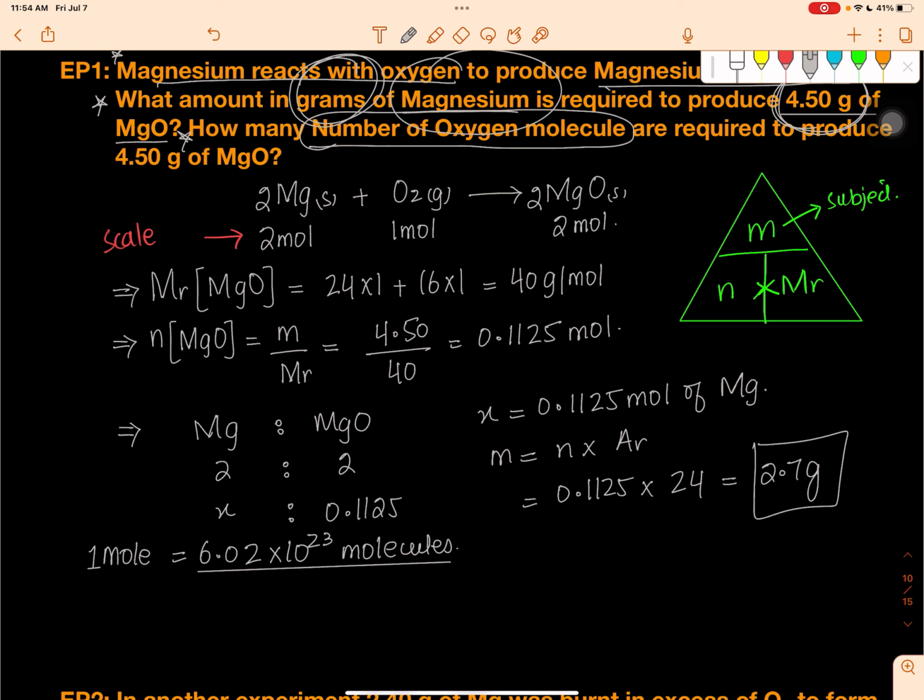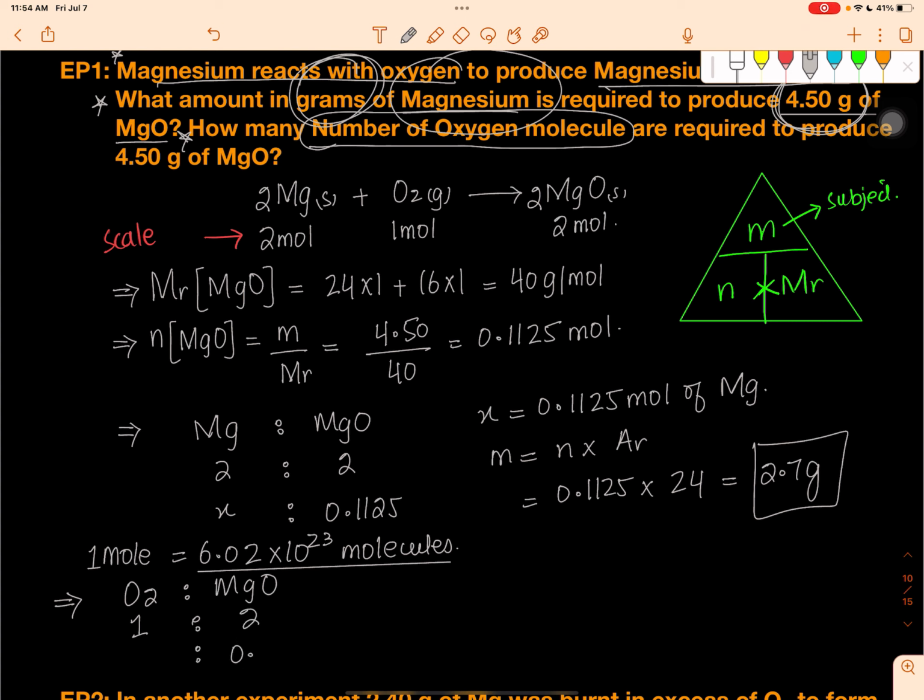So again we are going to relate it with the moles, and we will find out what number of moles of oxygen are required. First we have the ratio between oxygen and magnesium oxide: 1 mole produces 2 moles.